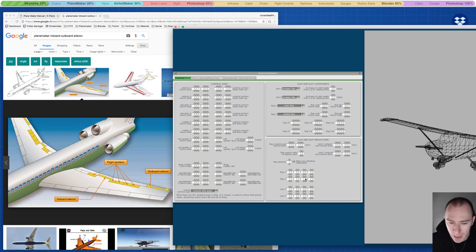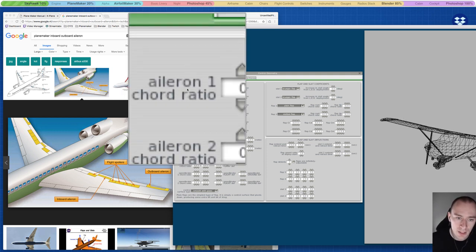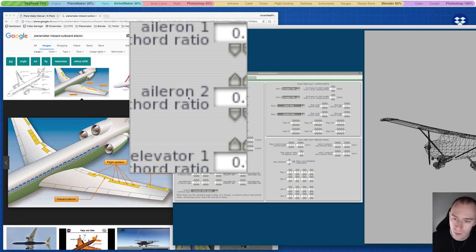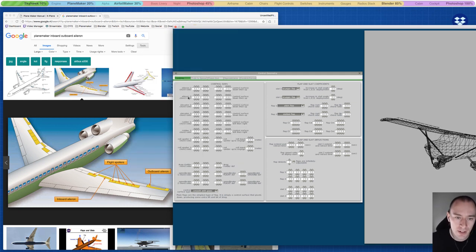My guess would be that PlaneMaker doesn't apply its own unique control surface behavior to either aileron 1 or 2, rudder 1 or 2, or elevator 1 and 2, but it just provides us with an option to set different control surfaces and angles or deflections for 2 sets of ailerons, and that's it.